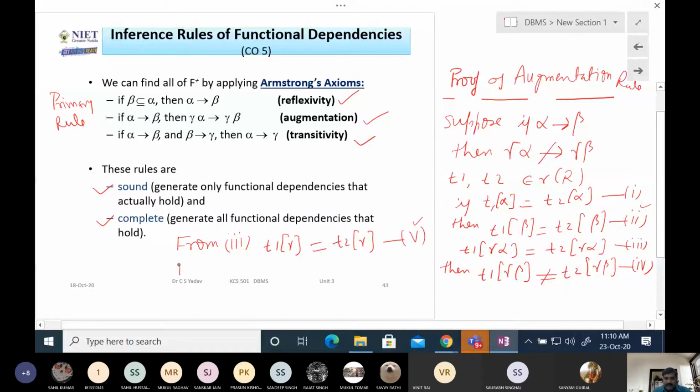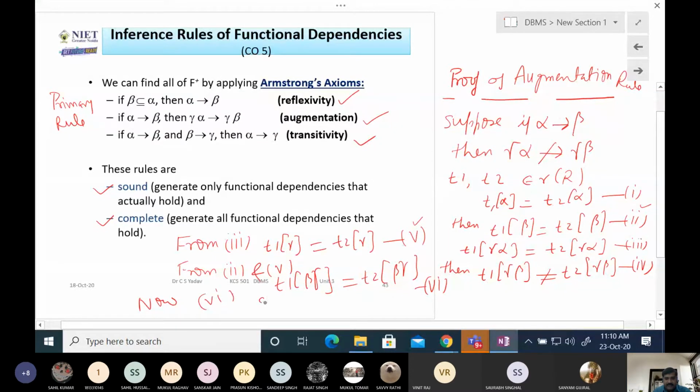So from equations 2 and 5, T1 of beta gamma equals T2 of beta gamma. This is equation 6.